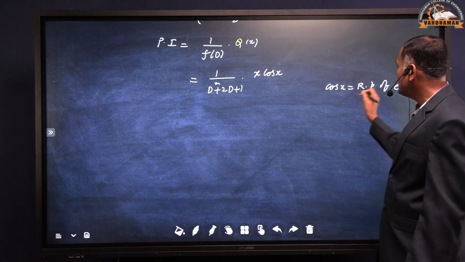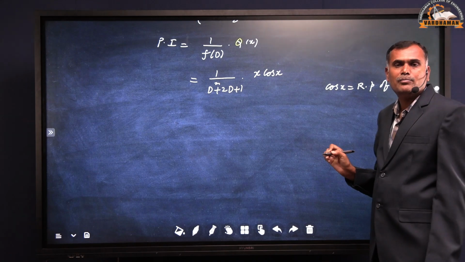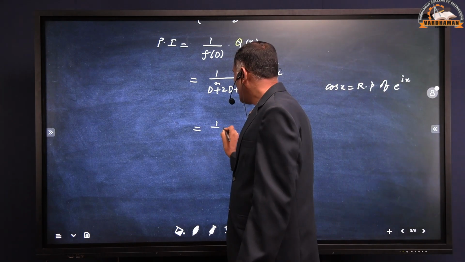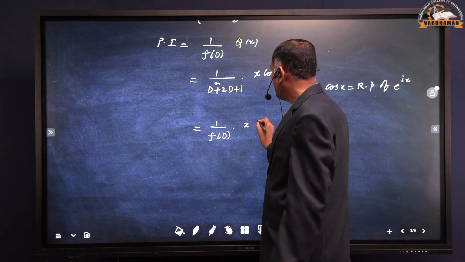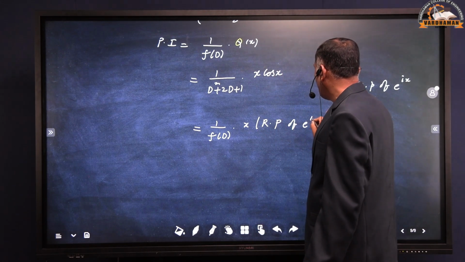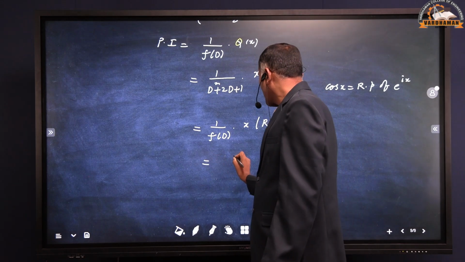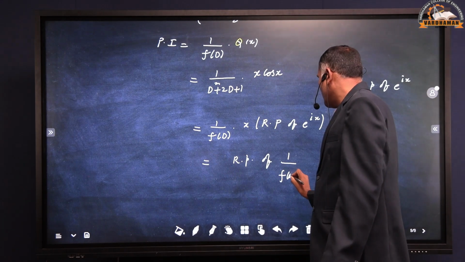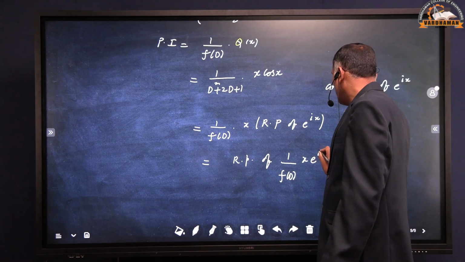Now wherever cos x is there, write down the real part of e^(ix). So 1/f(D) into, in place of cos x we write the real part of e^(ix). This can be further written as the real part of 1/f(D) of x into e^(ix).